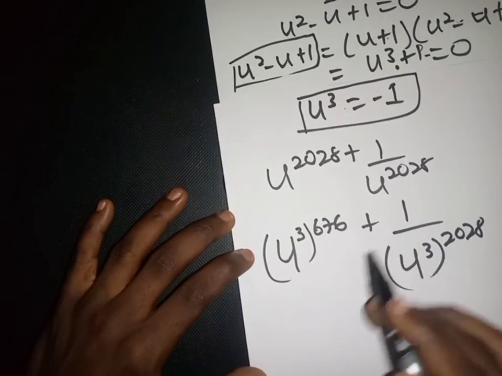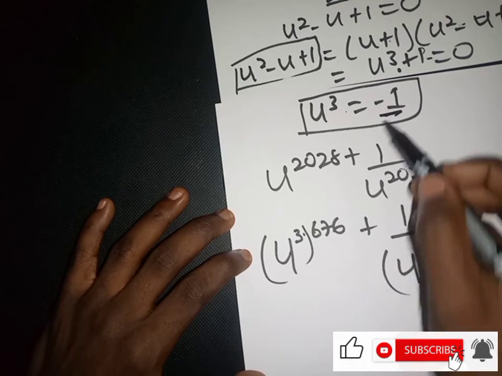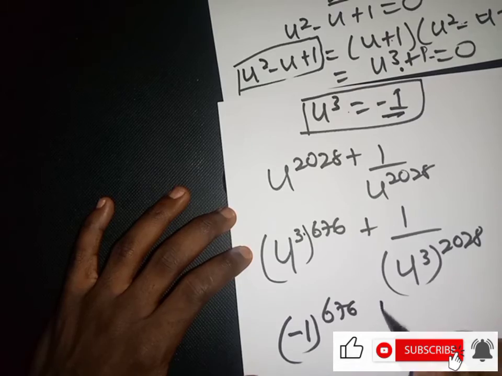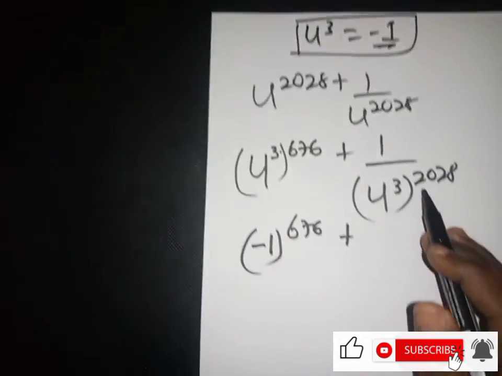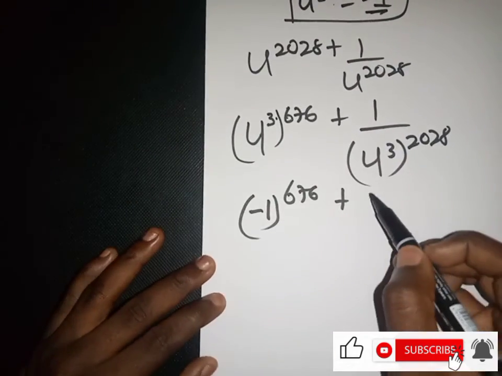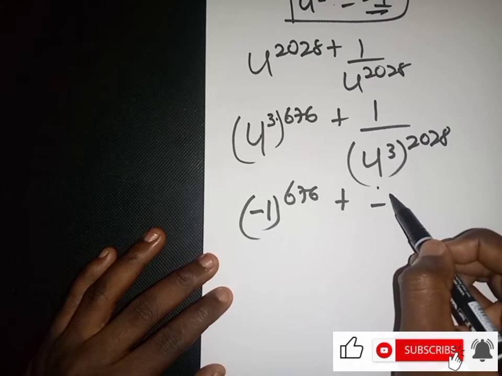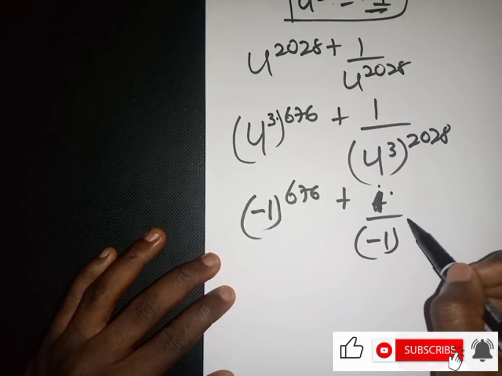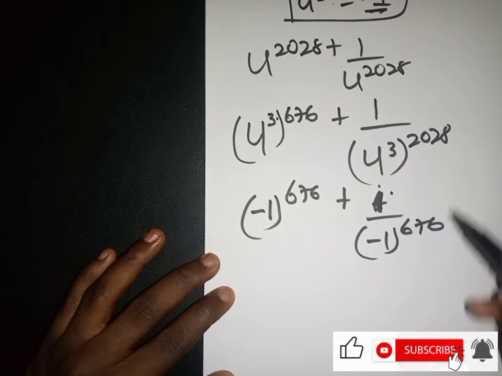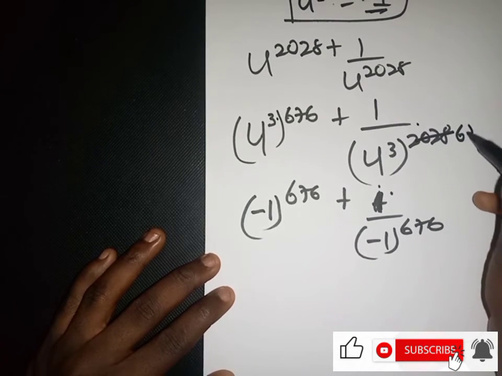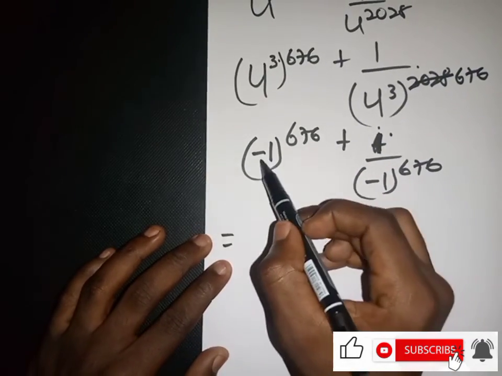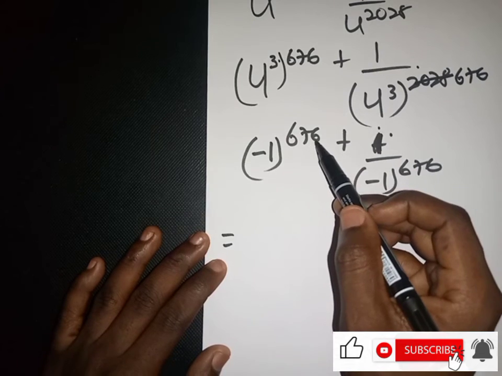So from here, realize that u cube we had is -1. So we have -1 to the power 676 plus 1 over -1 to the power 676.